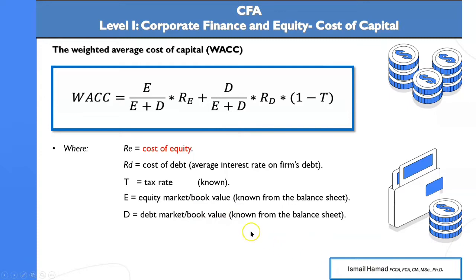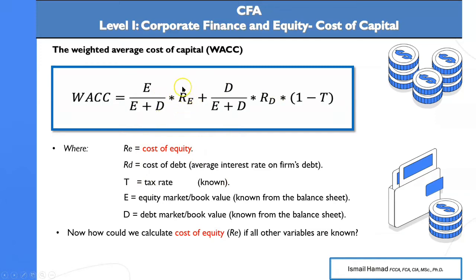If it is a bank loan which has no market value, we take it from the balance sheet, that is the book value. Now, the question is, from where can we get the cost of equity? If every letter here is known to us, how do we get the required rate of return by the equity holder? Or simply put, what is the cost of equity to the company, which in turn is the required rate of return by equity?